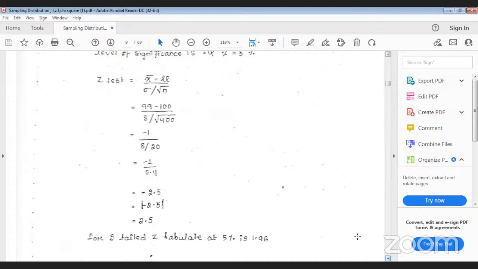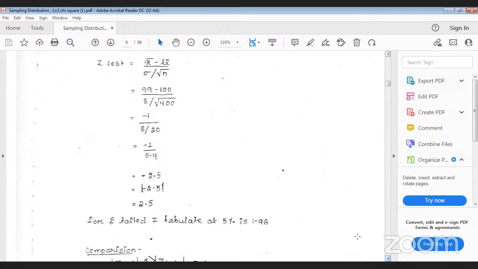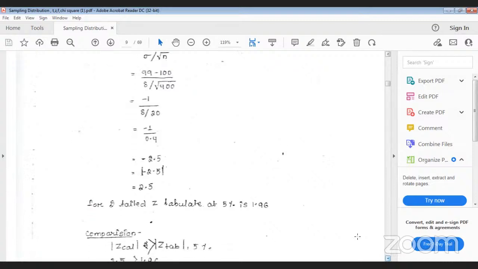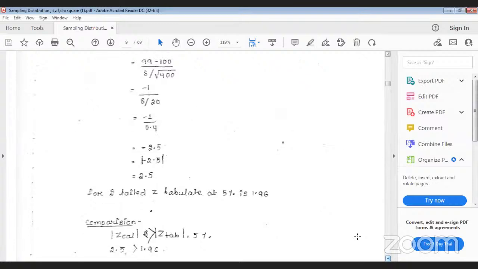I have already told you that whatever the calculated value, you always have to take the absolute value, that means modulus. So modulus of Z is equal to 2.5 now. Minus 2.5 in modulus or absolute value is 2.5. So this is your calculated value. Then the critical value or tabulated value.